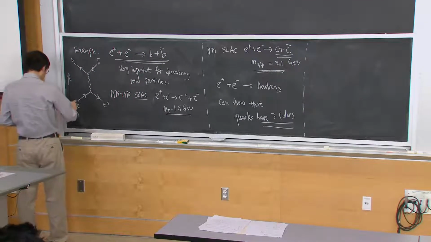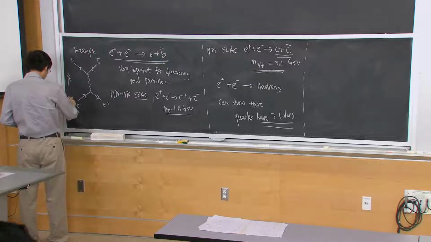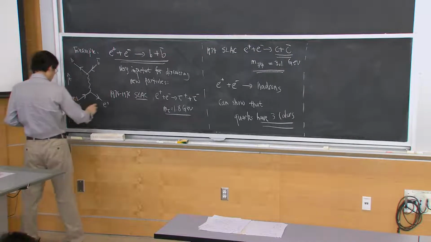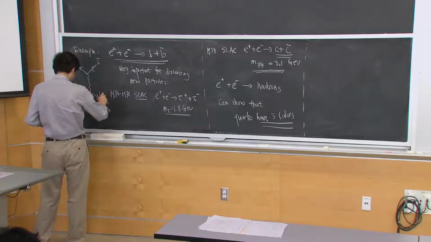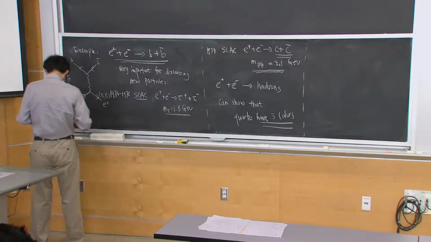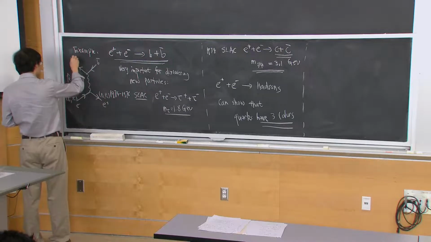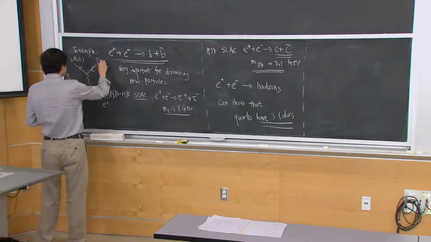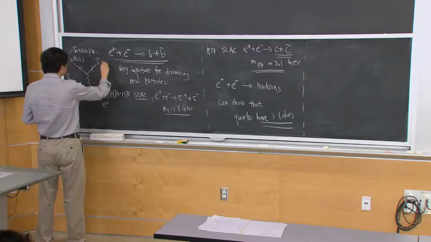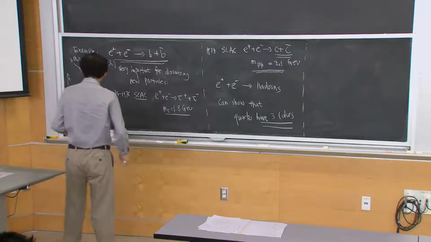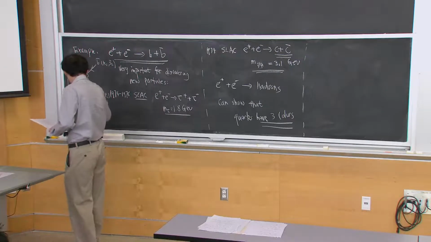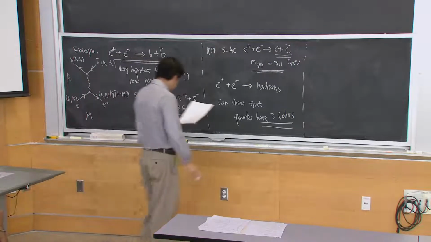Let me label the momenta. Here we take p1, r1, and then p2, r2 bar, to tell you this is an antiparticle. This one is k1, s1, and this one is k2, s2 bar. The amplitude for this will be M.